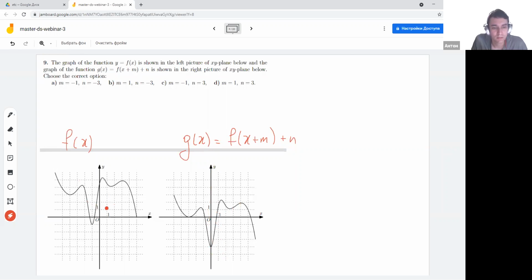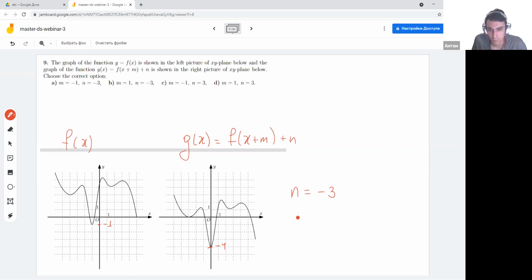The value of the function is represented by the y-axis, so it is quite easy to understand that, for example, this point was at -1, and after adding some n, it went to -4. So something that was -1 when a number n was added became -4, which tells us that n is actually -3.